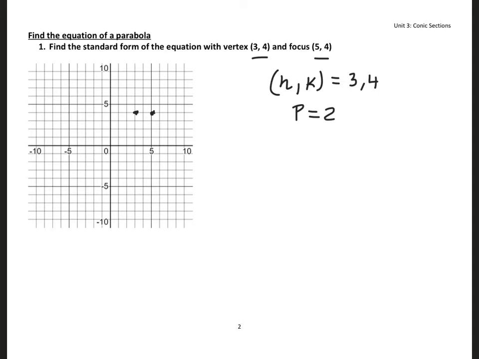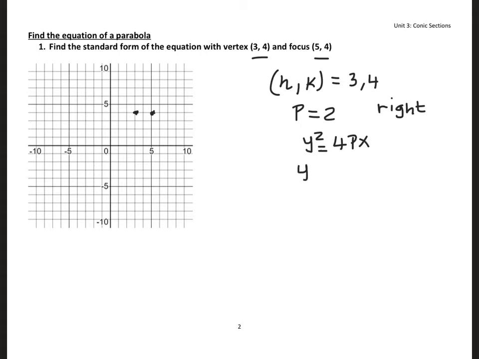The focus is always inside of the parabola, so it's going to open to the right. The general equation is y squared equals 4px before any translation.